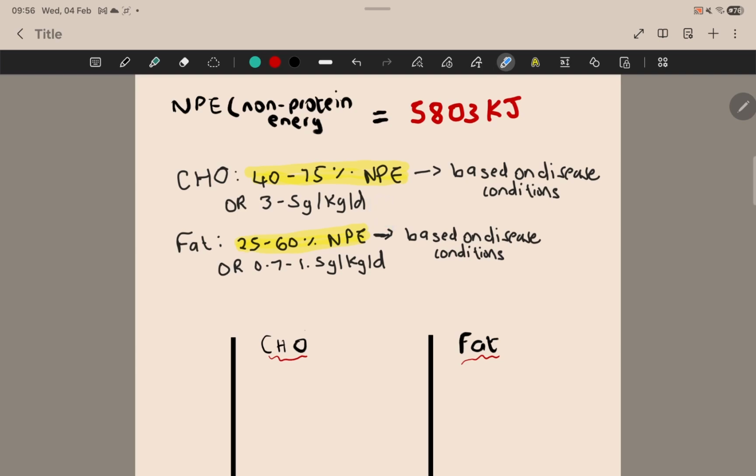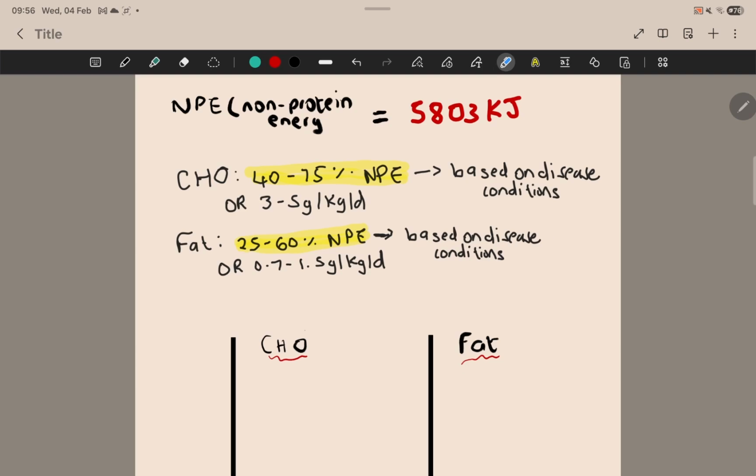So follow the latest guidelines, but I normally use a percentage of non-protein energy. There are different ratios for different disease conditions. That's why I said it's based on the disease condition of the patient. So if they have a fat intolerance, or they're in a hypoglycemic state, or they're in respiratory distress, then the ratios are going to be different.